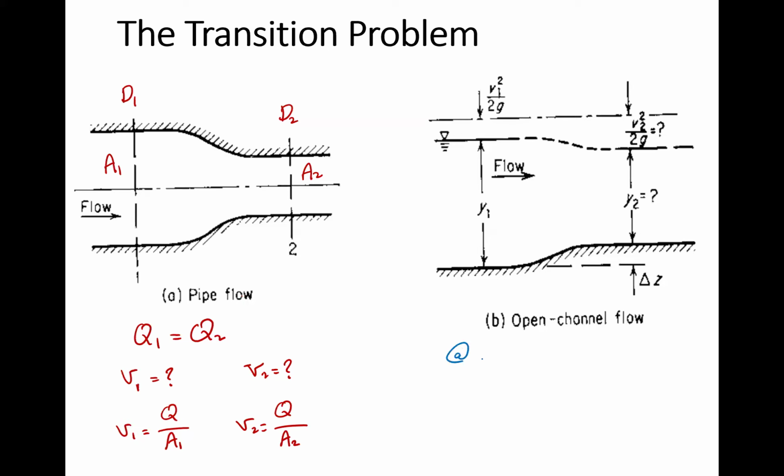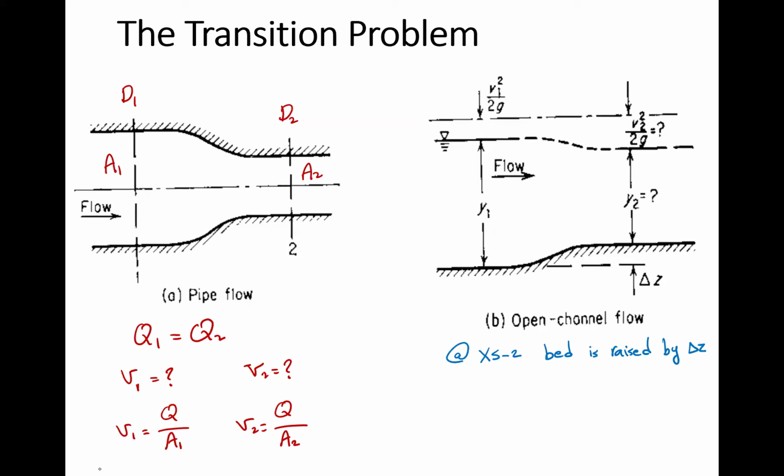At section 2, XS2, the channel bed is raised by delta Z. What does that mean? In a way comparable to changing diameter of the pipe, right? If you compare the left and right, it's almost like the one on the right is half of the pipe flow on the left. In a way, similar, not identical, but similarities there, right? So what's happening?